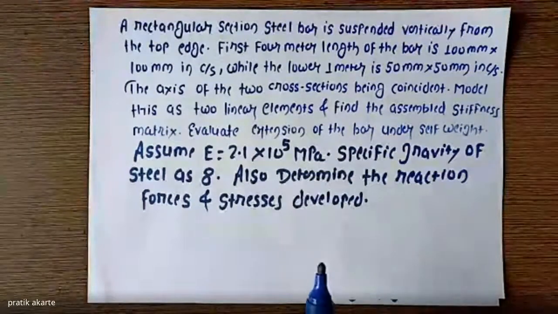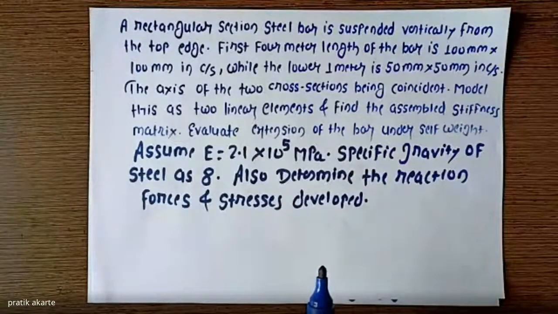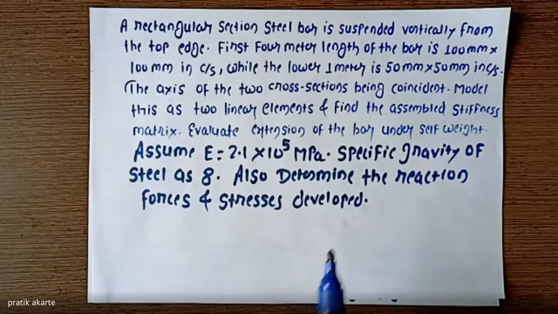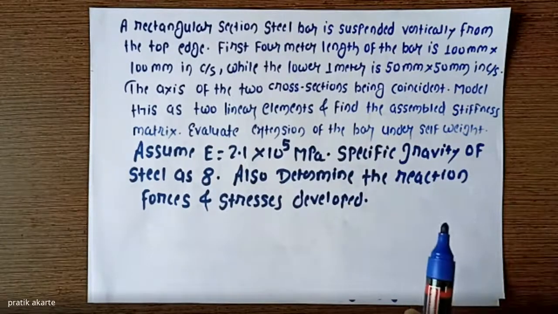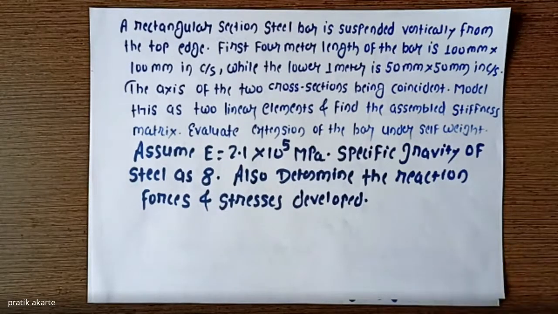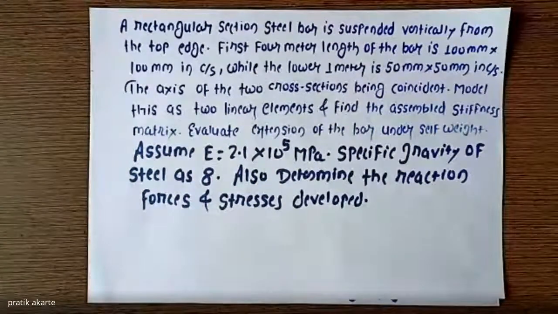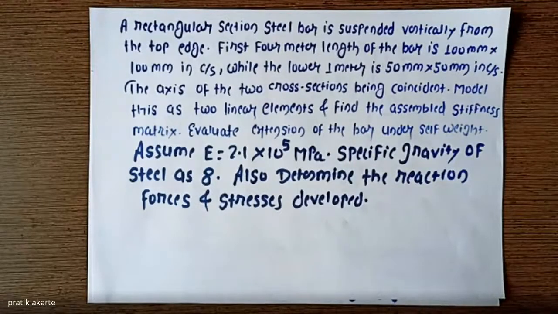Model this as two linear elements and find the assembled stiffness matrix. Assembled stiffness matrix means assembled global stiffness matrix, or simply global stiffness matrix. Evaluate the extension of the bar under self weight. So here they haven't given us any external weight applied, so we have to play with only the homogeneous part of the system, which I have explained in our first session of introduction.